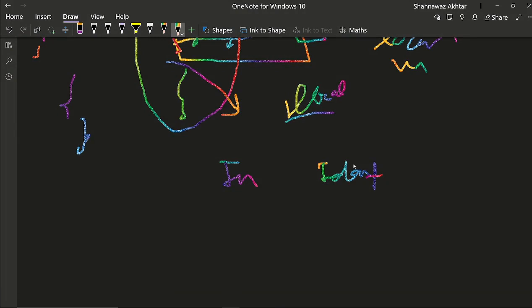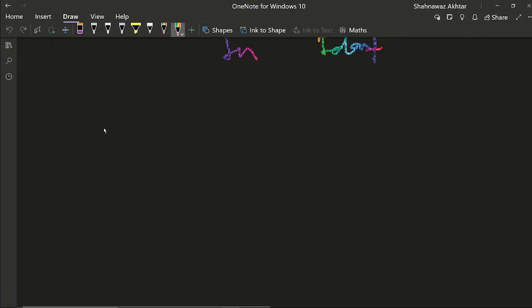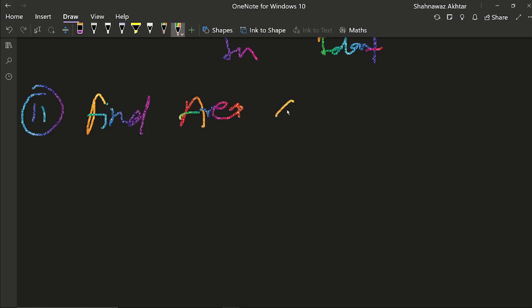All right. So next question is what you have to find. Second question is what you have to find: the area of what? Area of a scalene triangle. You know what is a scalene triangle and its formula?